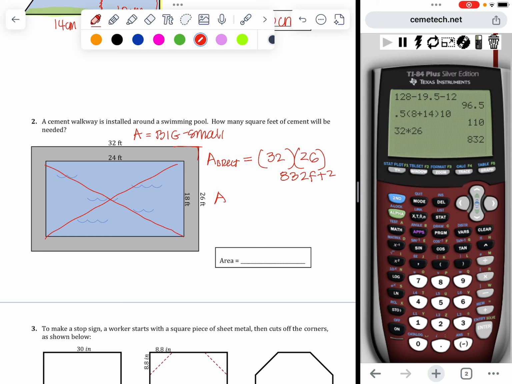Area of the pool, all right, the small rectangle. It's a 24 by 18. 24 times 18 is 432. Now I just need to subtract those. 832 minus 432 is 400 feet squared.